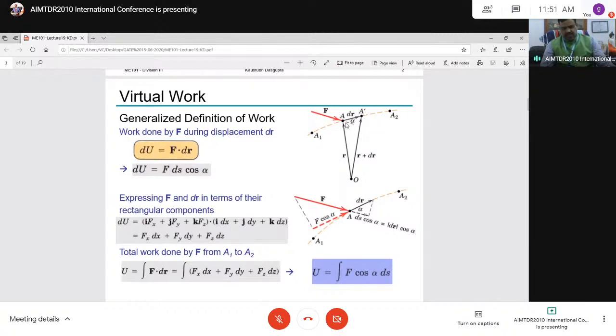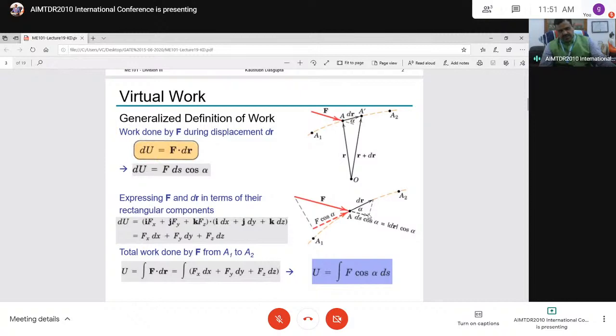Now what we have to do is resolve this force in the x direction, y direction and z direction. dU is equal to F along the surface ds. dr can be resolved along ds cos alpha and ds sin alpha, like that.